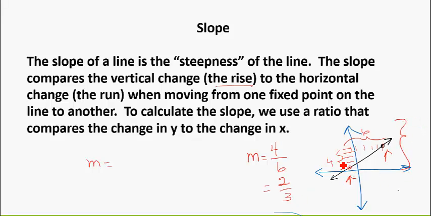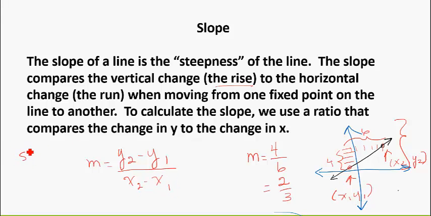All right, now you can find this same change if you were just given the coordinates and not given the actual picture on a graph. If we called this point x1, y1, and this point x2, y2, we would subtract your y values, and that would give you your change in y's, over the difference in your x values, which would give you your change in x's.